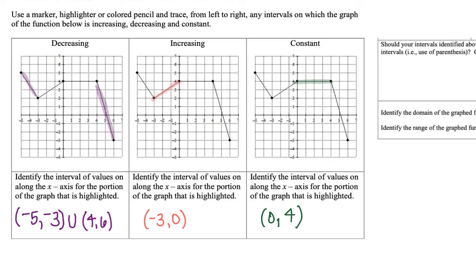So again, the first one we looked at negative slope or decreasing. We looked at positive slopes, which would be increasing, and then constant or no change in slope or 0 slope, that would be our constant.